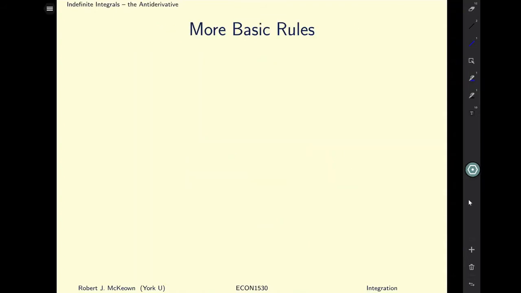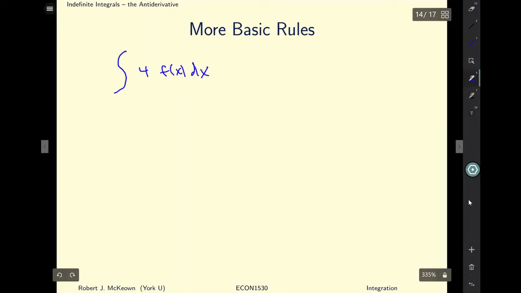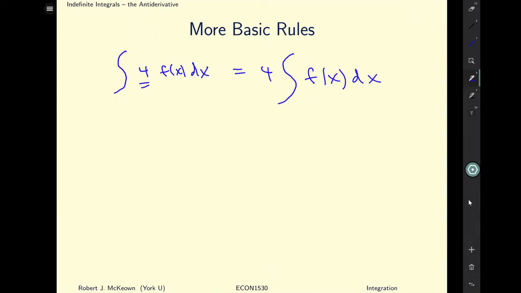Now there are 2 more, maybe 3 more rules that I want to share with you. The first one we've already kind of seen. If I've got the integral of 4 f of x dx, well, if I've got a multiplicative constant like 4, I can rewrite that as 4 multiplied by the integral, or the antiderivative, of f of x.